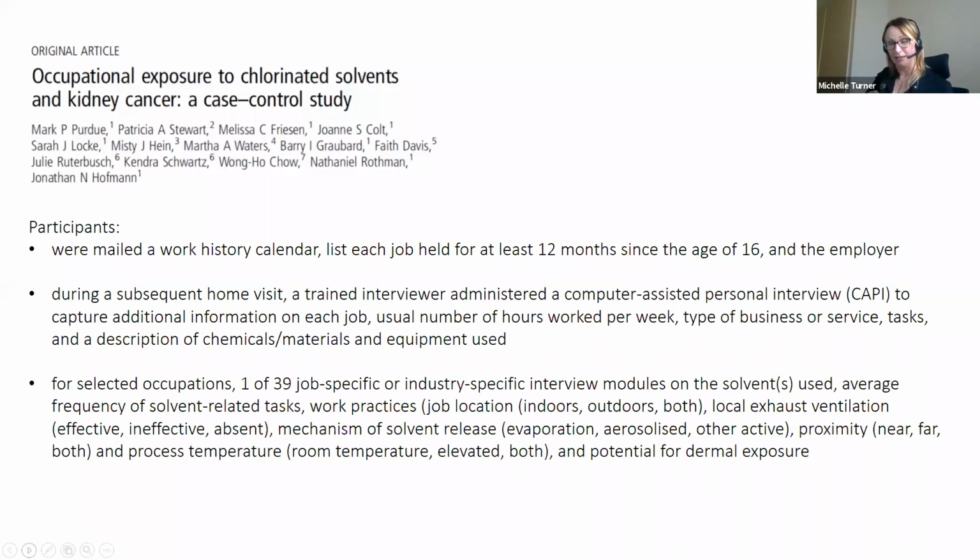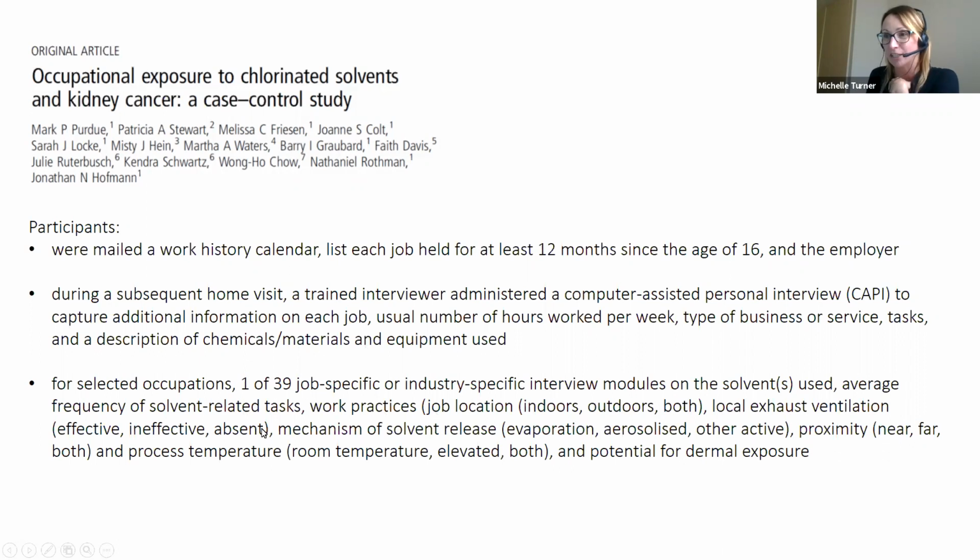And then after that, if you had worked in one of 39 different specific jobs that they were very interested in here for solvent exposure, then you were invited to complete additional detailed modules on the type of solvent used, the frequency of solvent-related tasks, were you working indoors or outdoors?